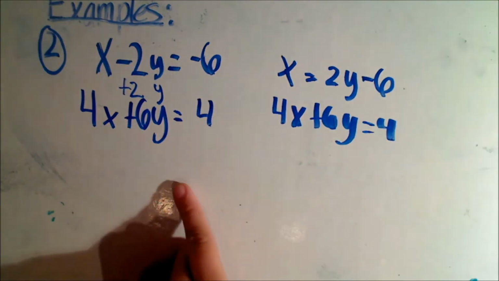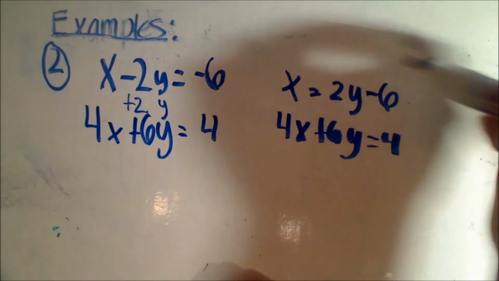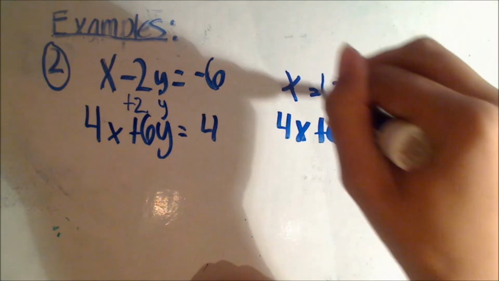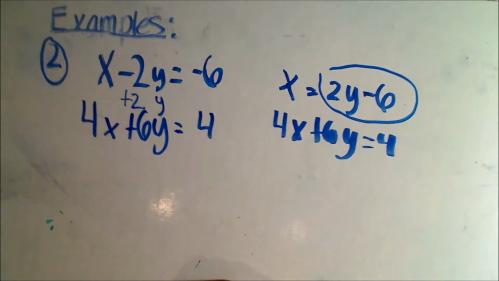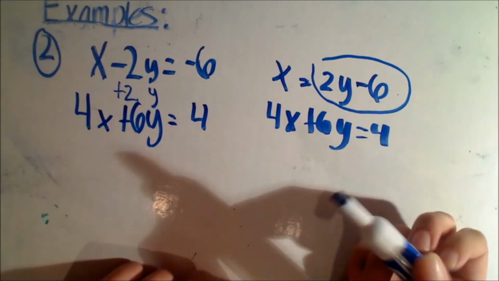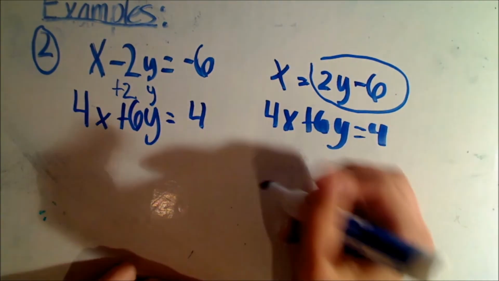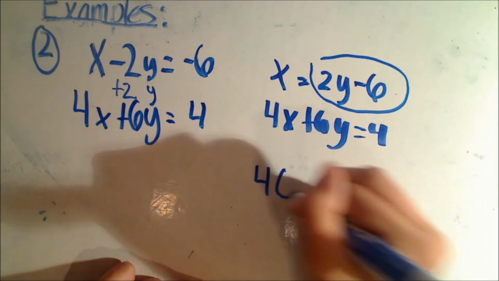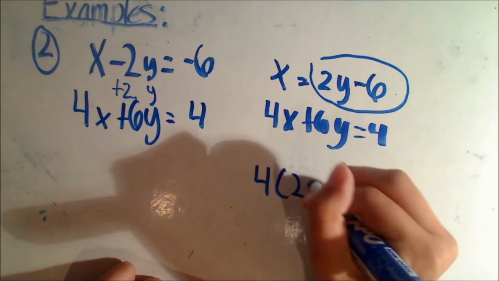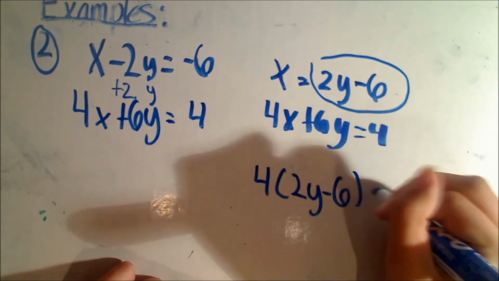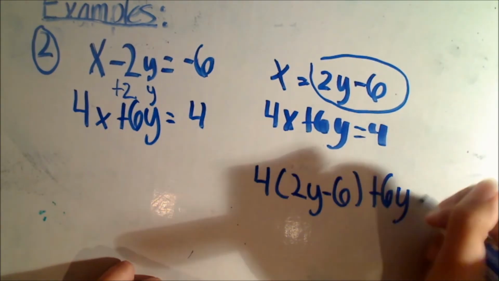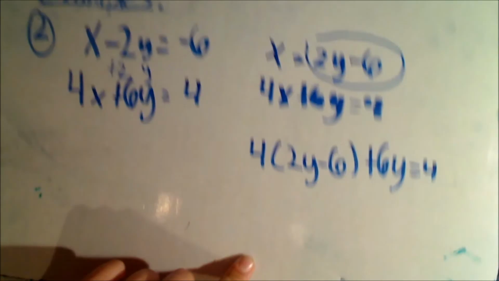So now we could just do what we did before and see that x equals 2y minus 6. And so we just plug it into that equation. So 4 times (2y minus 6) plus 6y equals 4.